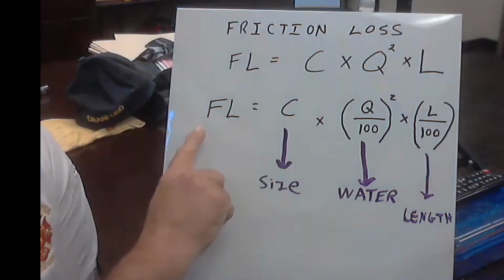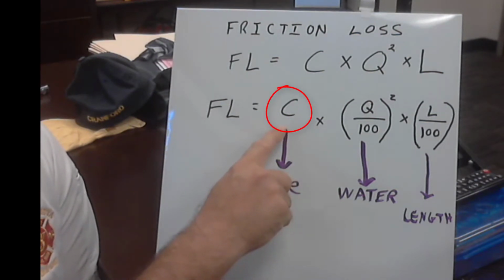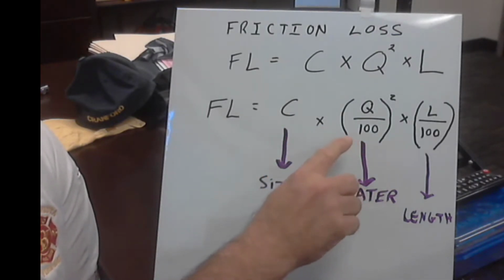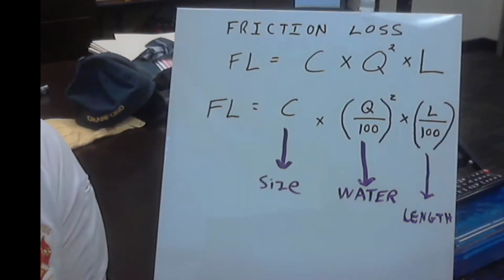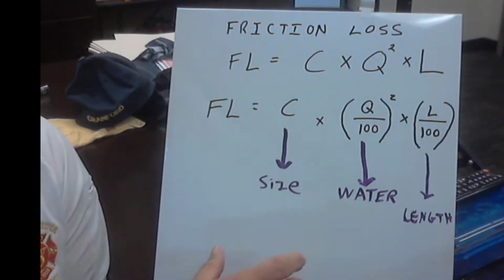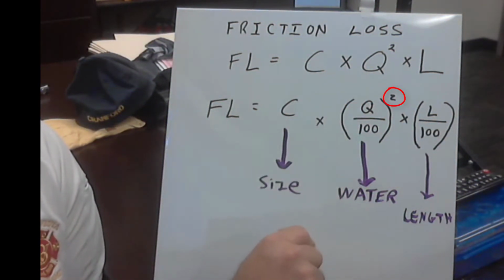So in determining friction loss, we need that coefficient from the table, and we're going to find these on your pump chart. The next is going to be the quantity of water, and since we're trying to break this down and make it a little easier to figure out what friction loss is, the quantity of water divided by 100 gallons per minute gives us Q. So if we take the quantity of water, which let's say 200 gallons, divided by 100 gives us 2, and then we square that particular number.